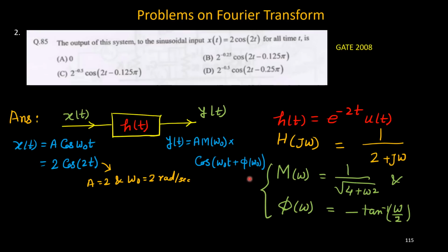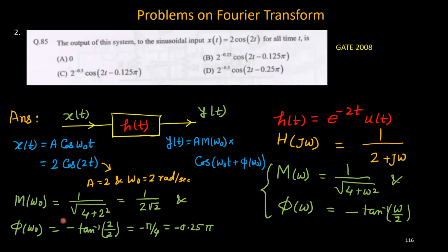If I replace ω here, I'll get both the magnitude and phase at ω₀. The magnitude at ω₀ will be 1 upon the square root of 4 plus 2 squared, so it will be 1 upon 2 root 2. And φ(ω₀) is minus tan inverse of 2 by 2, which is minus π by 4.